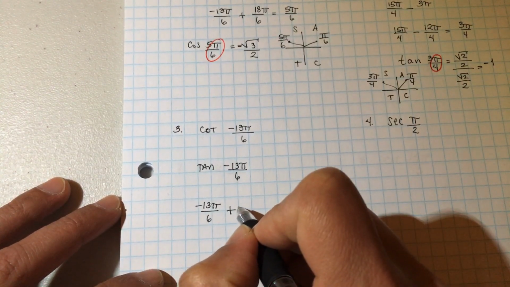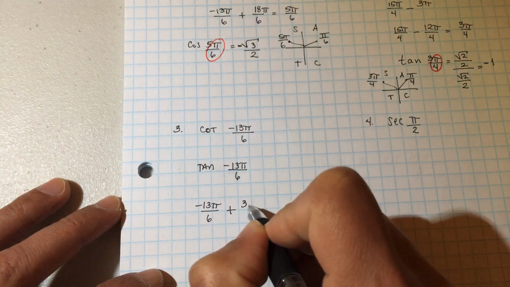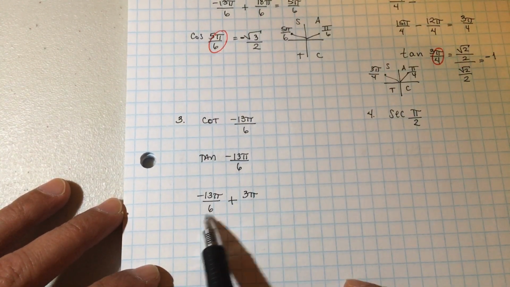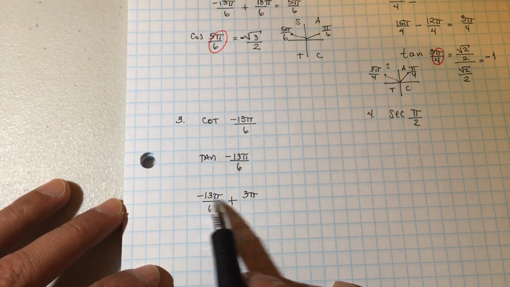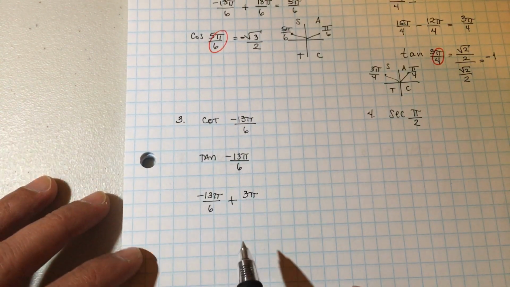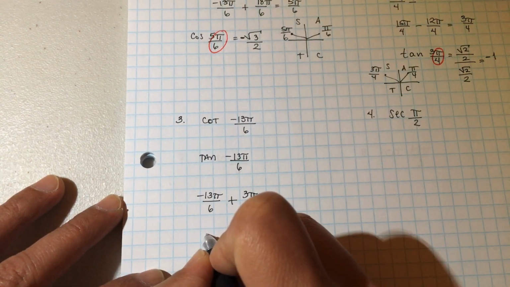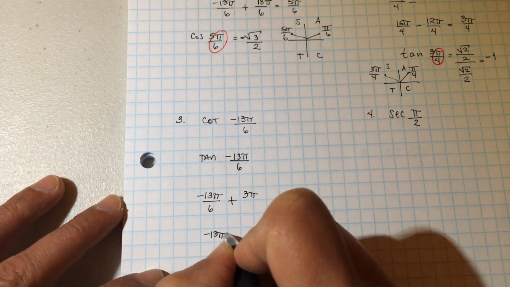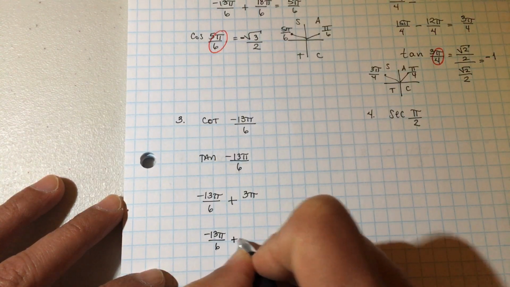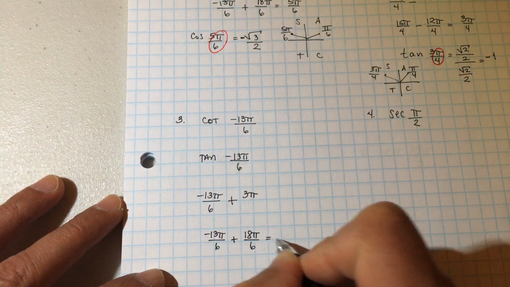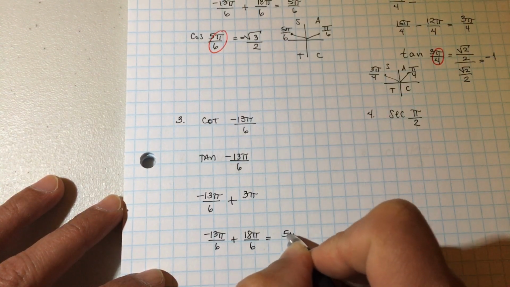Because if you do 2, then 6 times 2 is 12. You're still going to get a negative pi, and we don't want to deal with negative angles. But 6 times 3 is 18. So we're going to have -13 pi plus 18 pi over 6. That's going to give me 5 pi over 6.